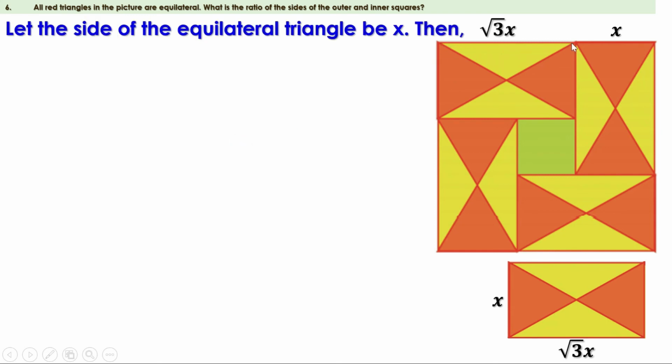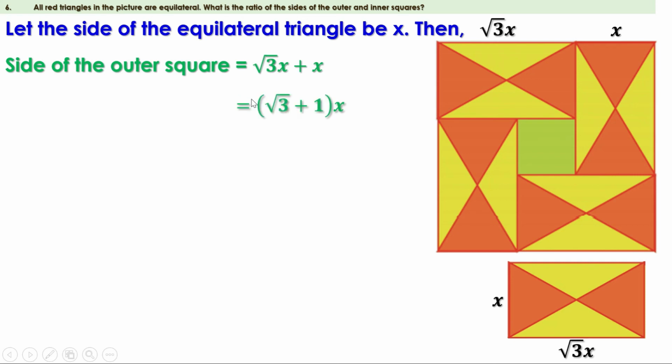Up to this is root 3 x and this is x. Therefore, the length of this outer square is root 3 x plus x. Root 3 x means root 3 into x. x means 1 into x. So, taking x outside, we can write this equal to (root 3 plus 1) into x. That is, the side of the outer square is (root 3 plus 1) into x.